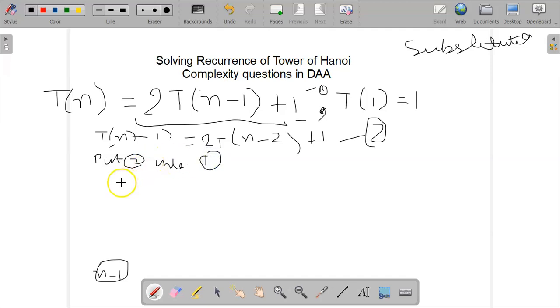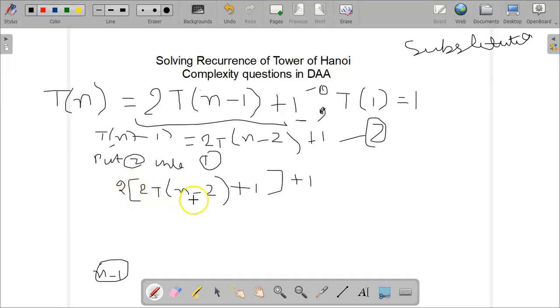So what we will get is 2 outside, then instead of T(n-1), we will write 2 times T(n-2) plus 1, and then outside the bracket the remaining part, which is plus 1.